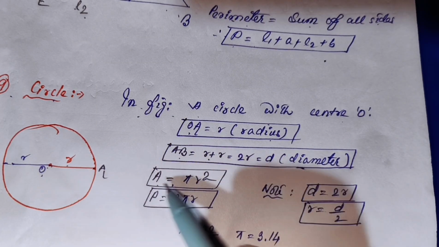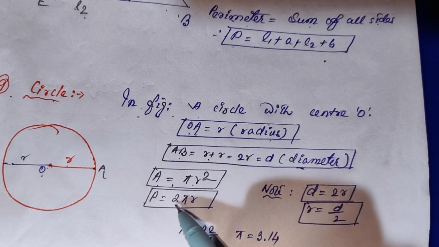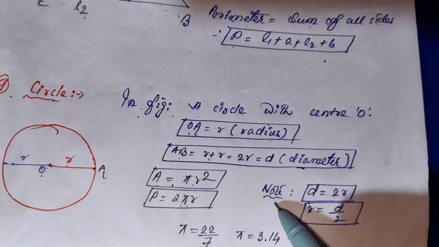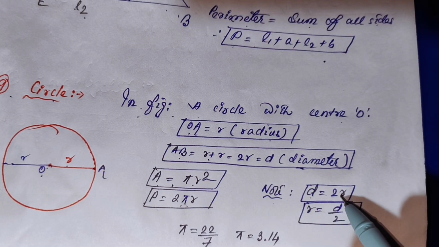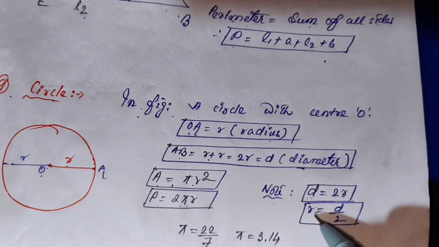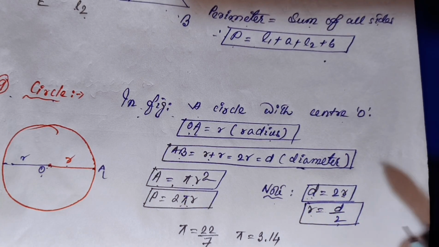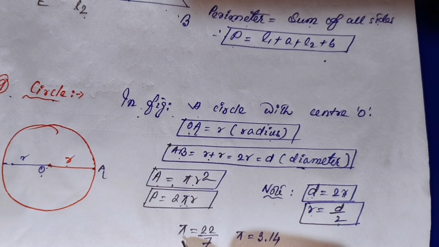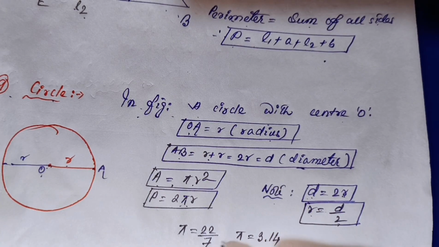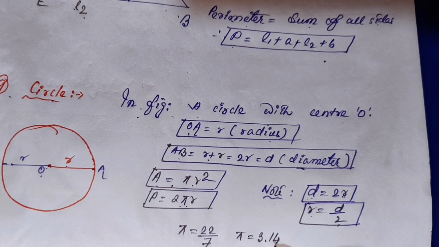Area of the circle is pi r square, perimeter equal to 2 pi r. Note, diameter equal to 2 into radius, in short, d equal to 2r and r equal to d by 2. Here, in mensuration, the value of pi is sometimes used as 22 by 7 and sometimes 3.14. This is the approximate value of pi, but it is an irrational number. And pi radian equal to 180 degree, right?